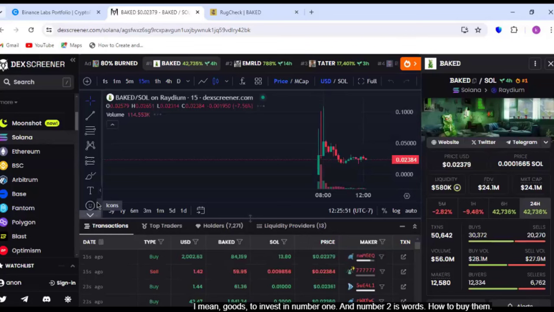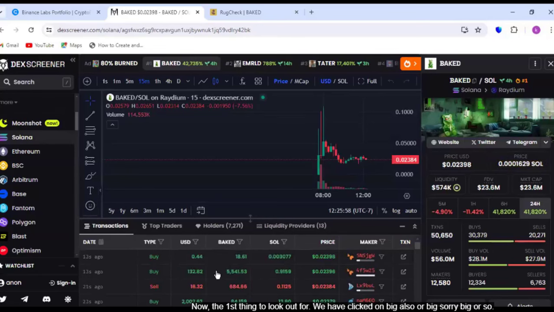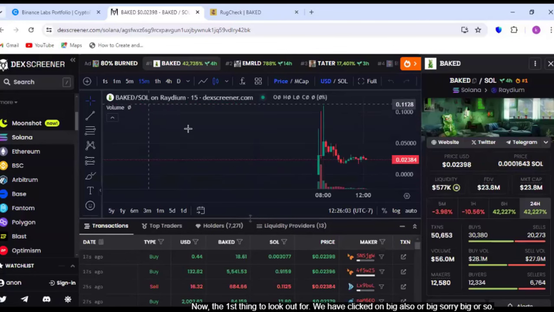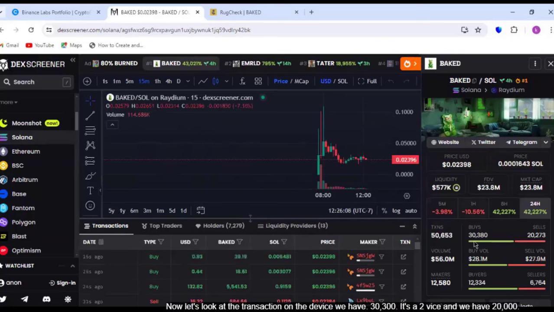I mean, good meme coins to invest in, number one. And number two is what? How to buy them. Now, the first thing to look out for, we have clicked on Bake on SOL. Now, let's look at the transactions, the buys.